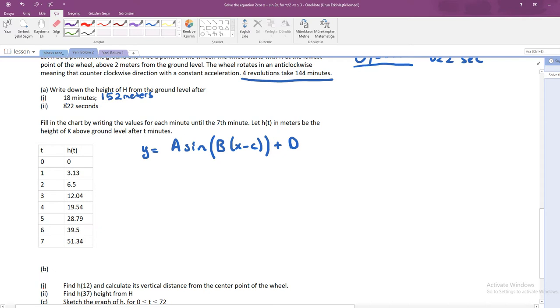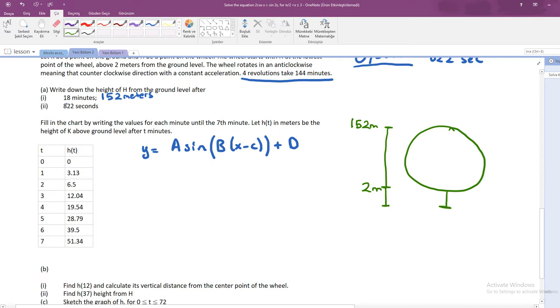In here, let's draw the question again, like this. So this part, as we said, is 2 meters, and this part from the ground is 152 meters, right?